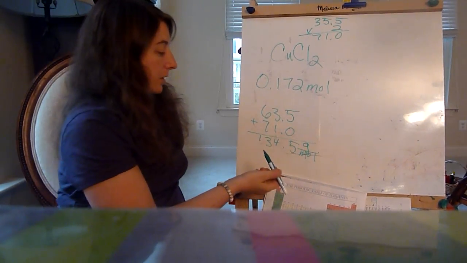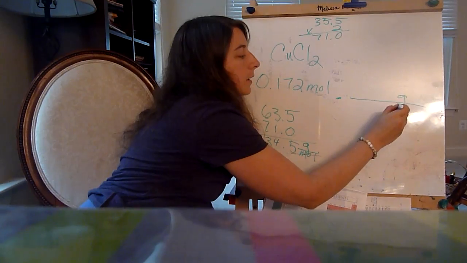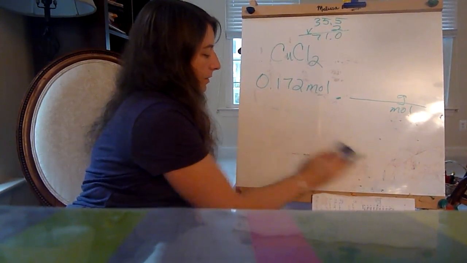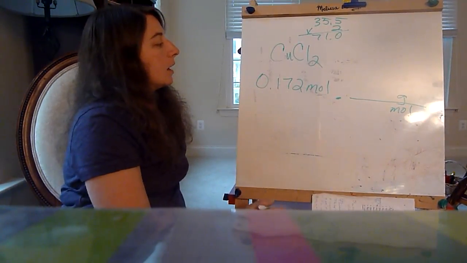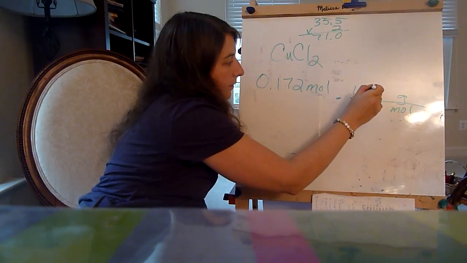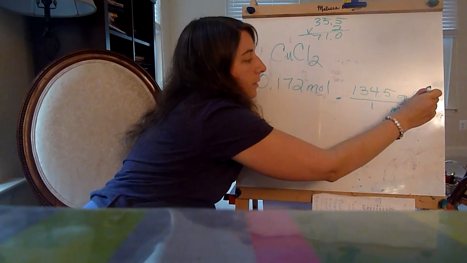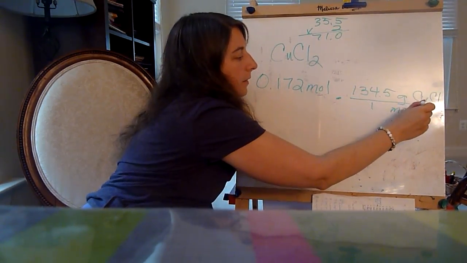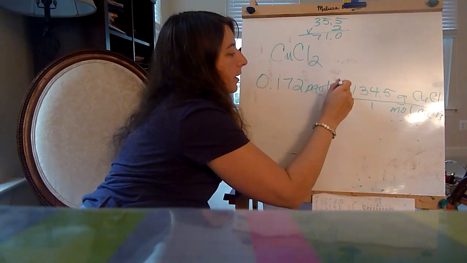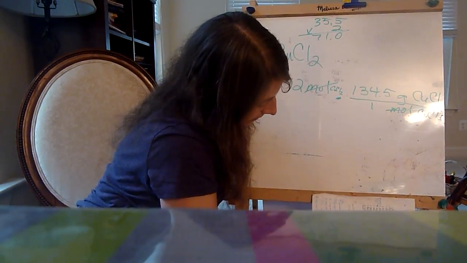So, if I want to convert, I want to cancel out moles. I want to end up with grams. I'll erase that addition real fast so you can see. So I'm going to put my 134.5 grams per 1 mole of copper chloride. I'll cancel out my moles of copper chloride, and I'll end up with grams of copper chloride.